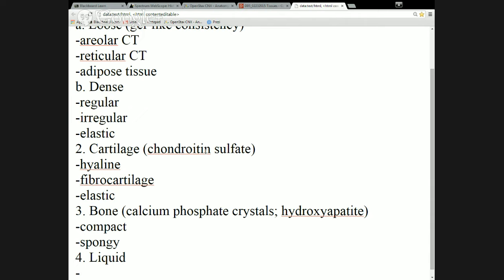And since it's no longer living, all of the cells and blood vessels and nerves that were part of the bone before have degenerated away. And all that's left over is the bone matrix, the extracellular part of the bone, which is this hydroxyapatite stuff. It is very durable.